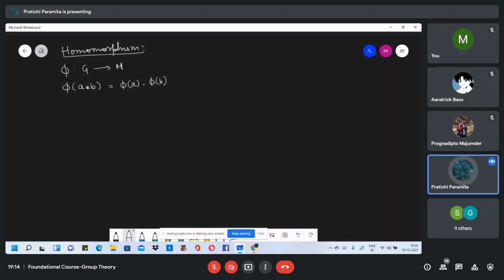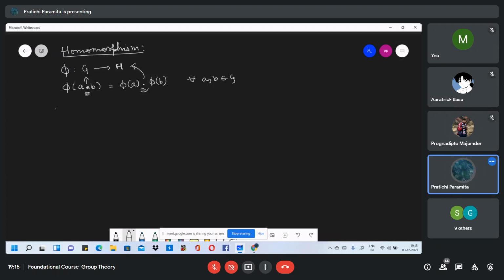Here, if you notice, I have put star over here and dot over here. This is because star is the binary operation on G and dot is the binary operation for H. It isn't necessary that the operation over here should be the same as the operation over here. So it is a map from G to H satisfying the condition that for all a, b in G, phi of a star b is equal to phi of a dot phi of b. Is that fine? Yes.